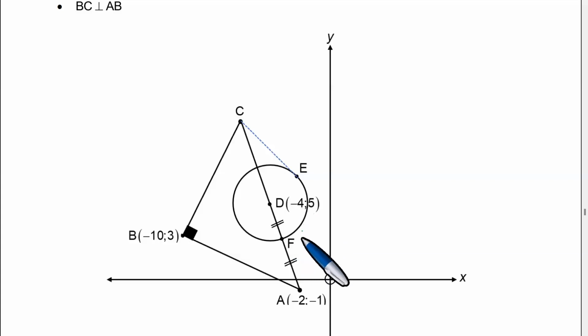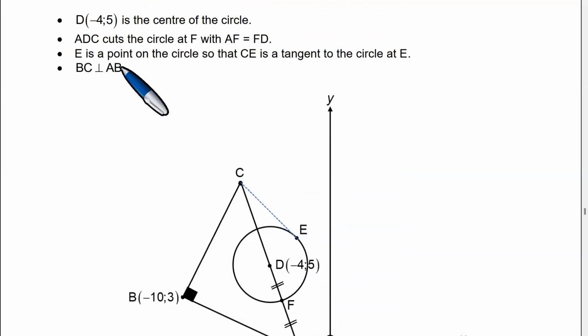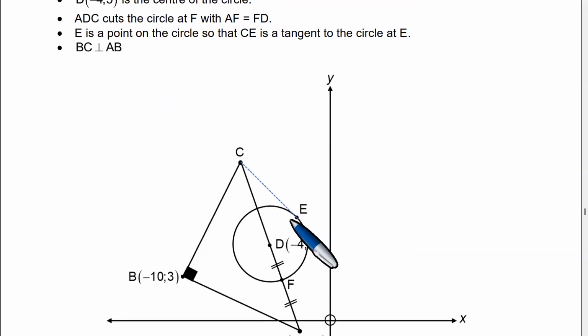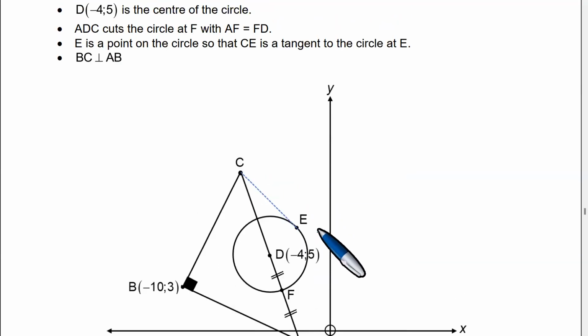E is a point on the circle so that CE is a tangent to the circle at E. Okay, so this CE is a tangent. BC is perpendicular to AB.